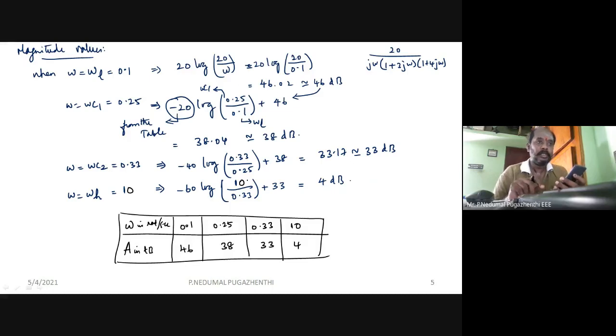What is the value you are getting if you put 10 there? 10 divided by 0.33, log of that value, into minus 60 plus 33. The value I'm getting is minus 55.88, which is rounded off to minus 56 decibels.